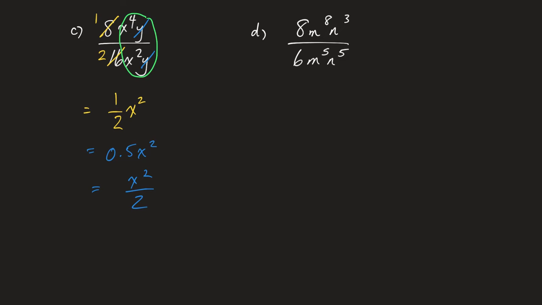Because we should see that my gold answer of 1/2 x squared can be manipulated or changed to look like x squared over 2 by just doing my calculation of my fraction times a whole value. So any one of those 3 values would be acceptable forms for your final solution. I'm going to push you for the gold one though. I think the gold one is your best form.